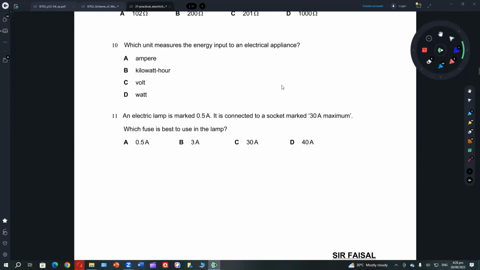Which unit measures the energy input to an electrical appliance? Energy. Ampere is a unit of current. Kilowatt hour is a unit of energy. If you have observed the notes, volt is a unit of voltage. Watt is a unit of power.